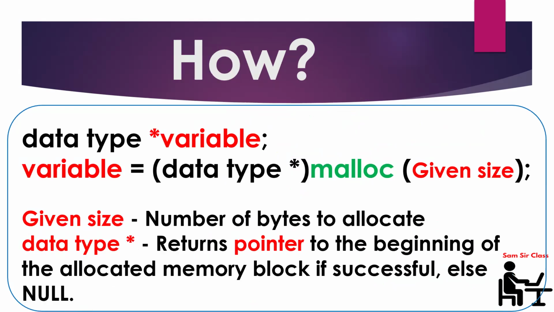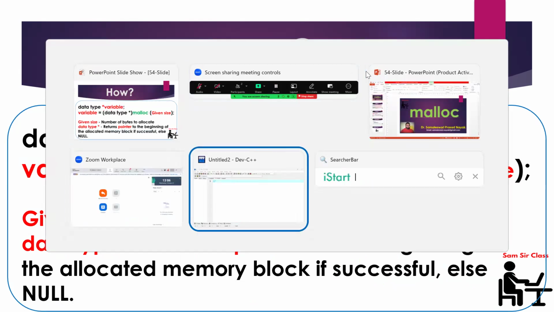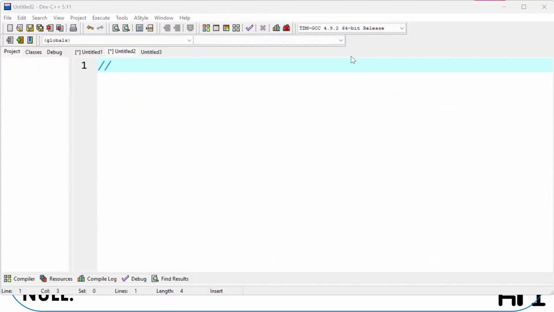Now, let us see the syntax of malloc and how it works through an example. You need to write the data type, star, the variable name.